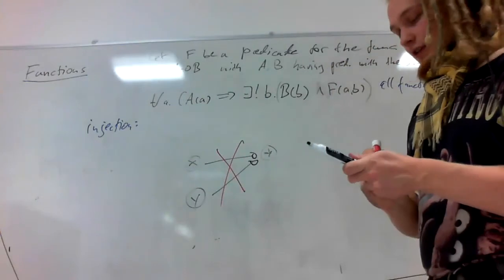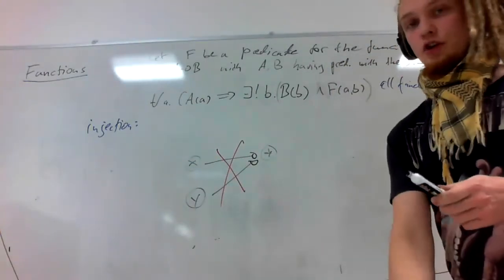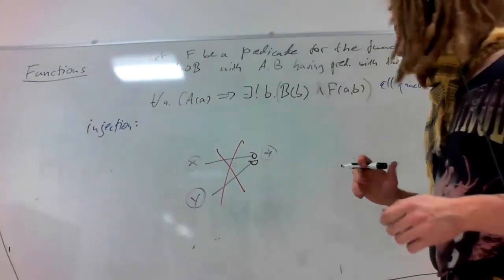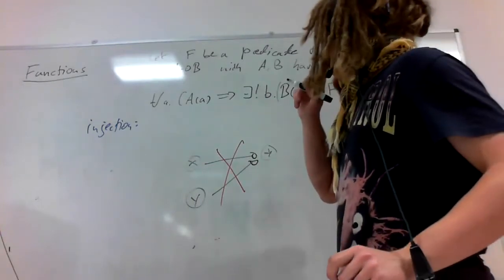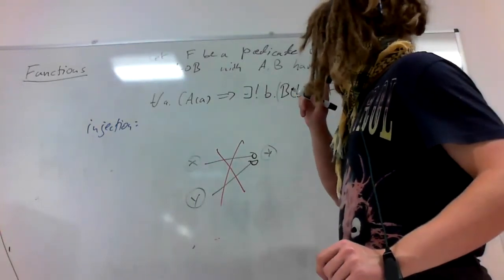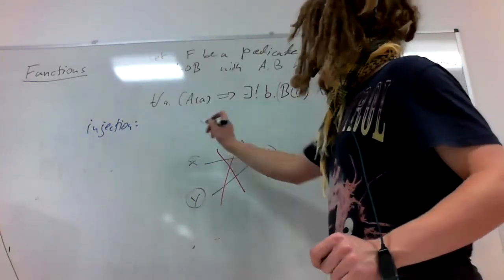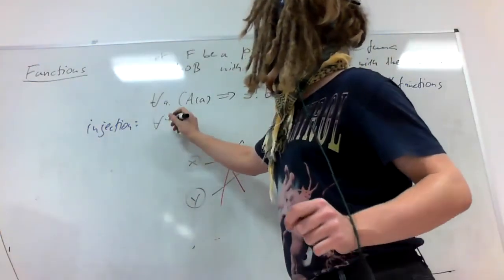So each output object should only be hit once. So this is about the output values.